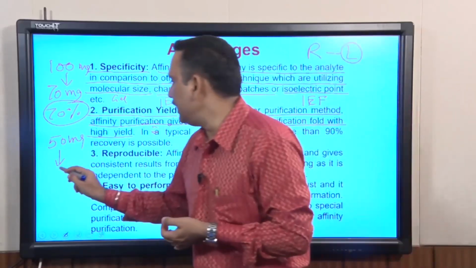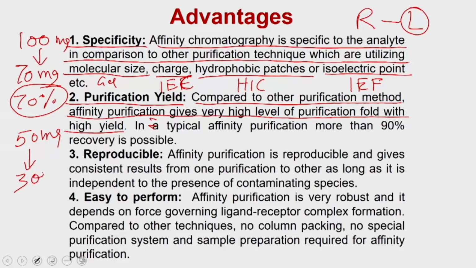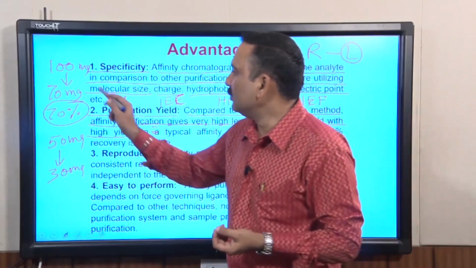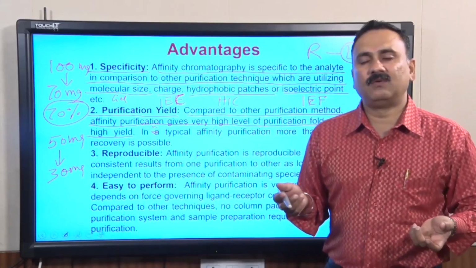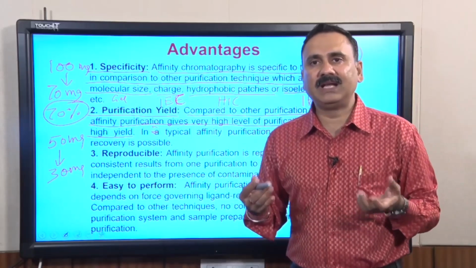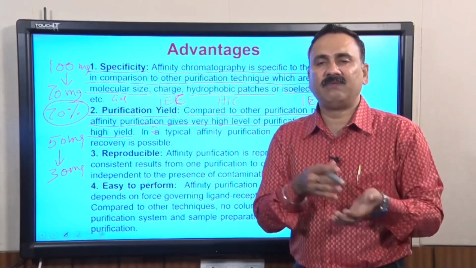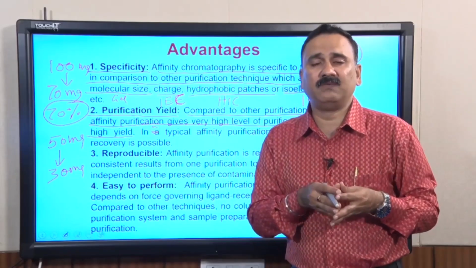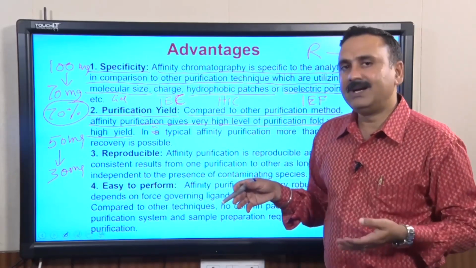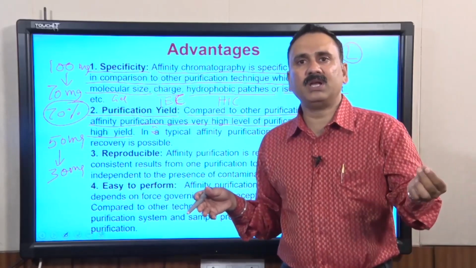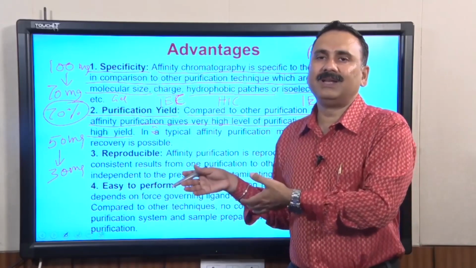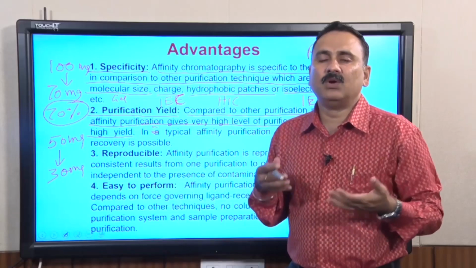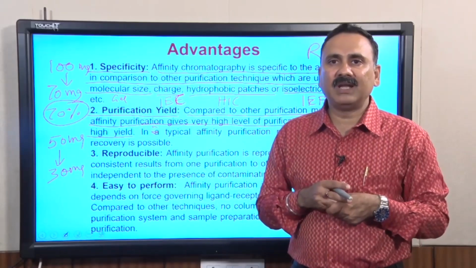And suppose at the end you get 30 mg of protein which has your protein and no impurities, which means by using conventional chromatography techniques such as ion exchange chromatography or hydrophobic interaction chromatography or the combination of these, you have purified approximately 30 mg of protein from 100 mg, which means your yield is 30%.